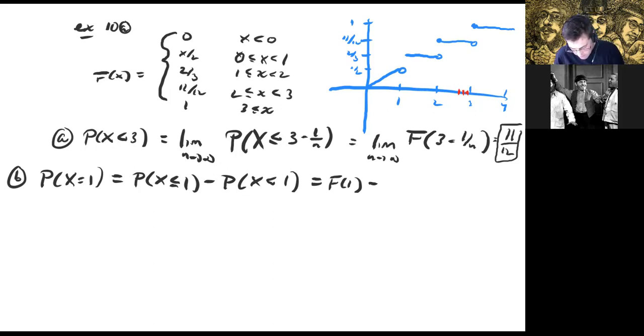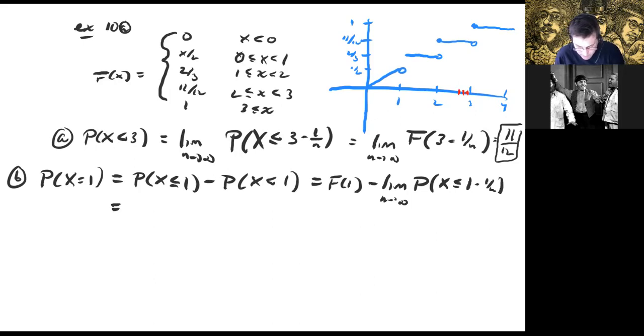by using the same trick we used in part A. This is the limit as n goes to infinity of the probability that x is less than or equal to 1 minus 1 over n. And what is f of 1?